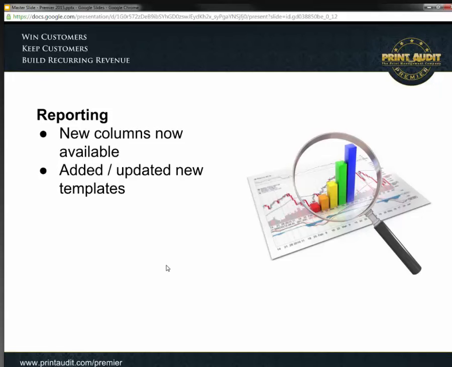There's 4 of them: toner install date, toner serial number, toner pages output, and device firmware version. Now I'm going to let Paul go into that when he takes over here, and he can show you what that means and how you can leverage that.